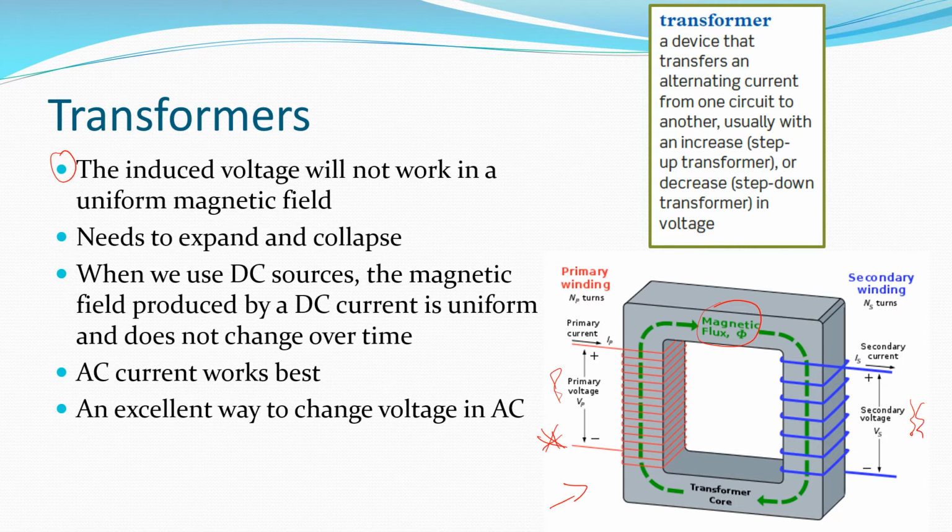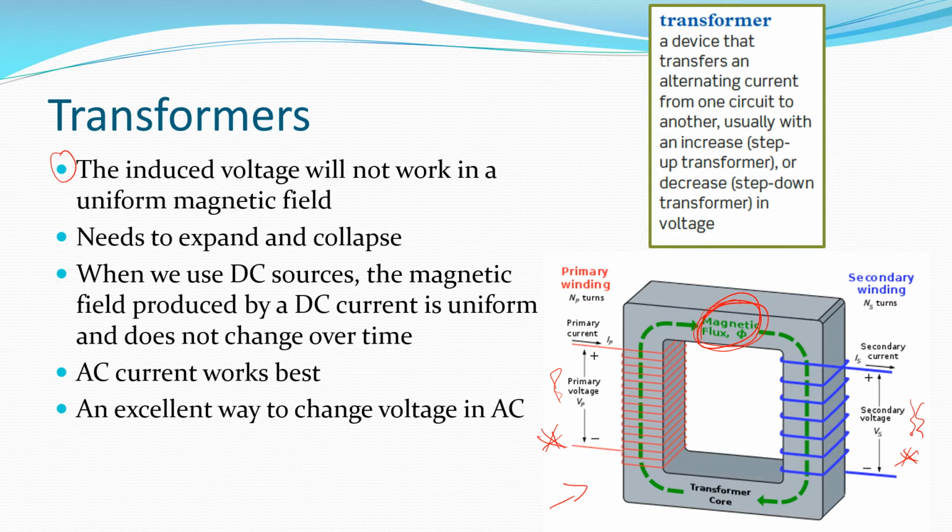Even though the two wires themselves aren't actually connected, it is the magnetic flux that is almost like transferring that voltage to the second coil over the other side. But it only works in a non-uniform magnetic field. If you have a uniform magnetic field, it won't work.